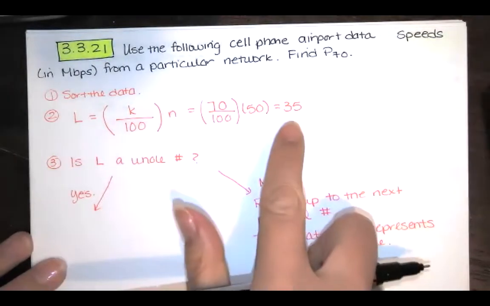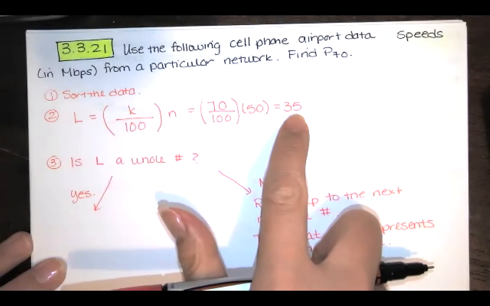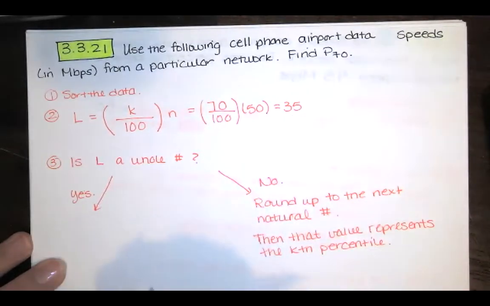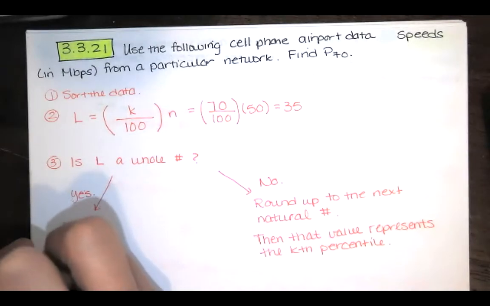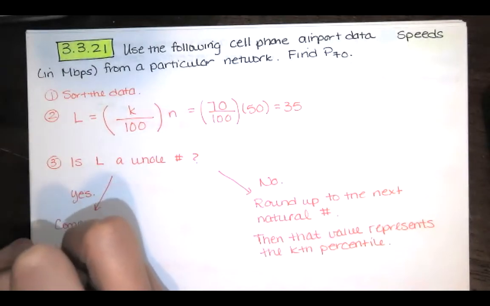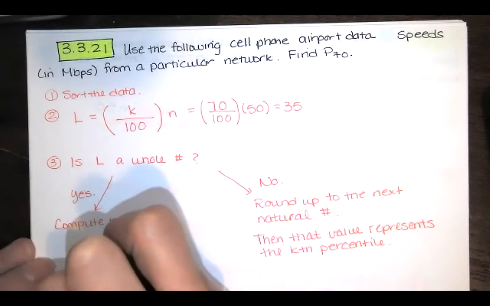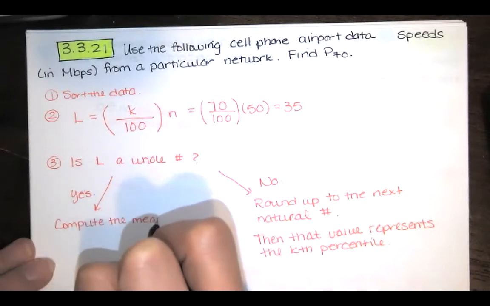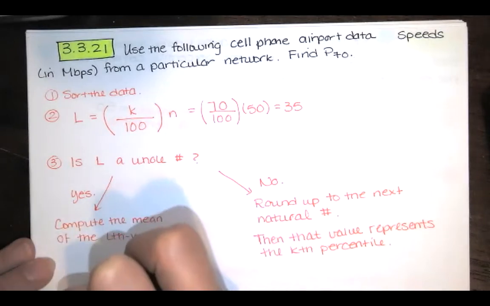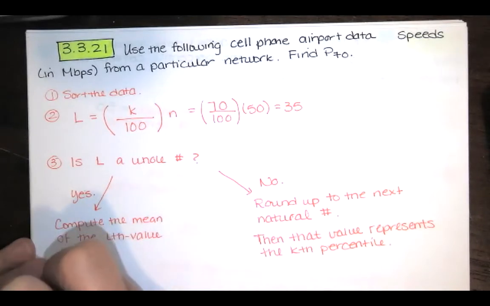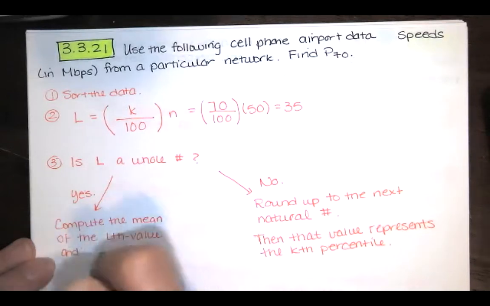then you are actually not looking for just that 35th value on the list. You're going to look for the 35th value and the 36th value of the list, and you want to compute the mean of the Lth value and the L plus 1 value on your list.